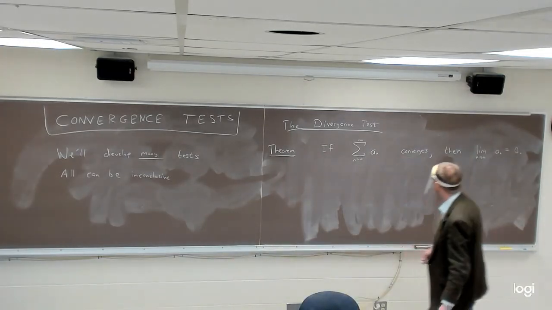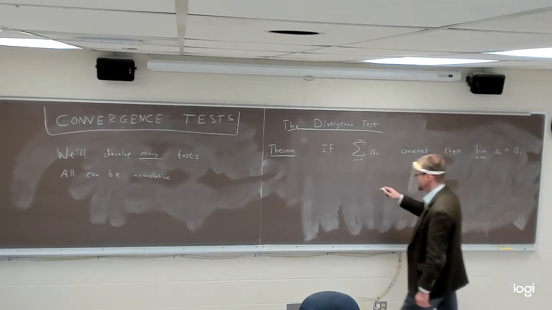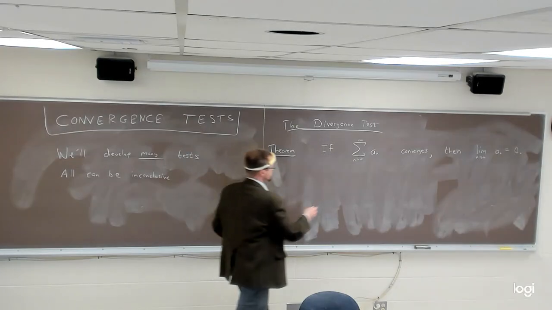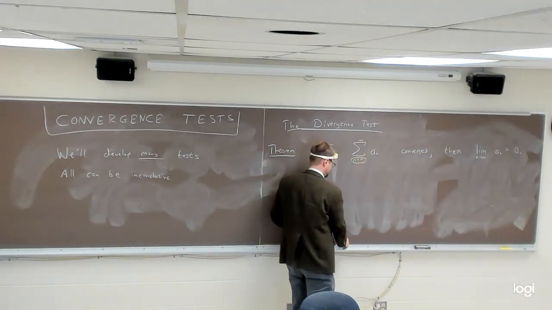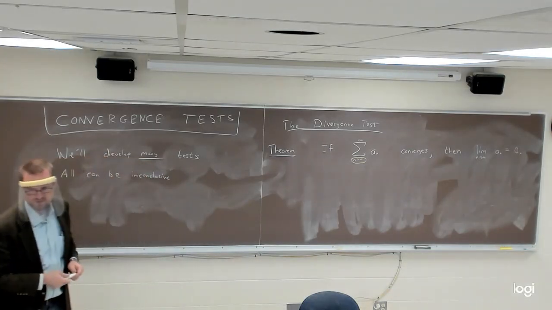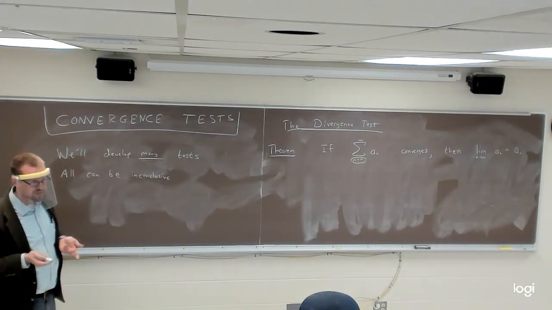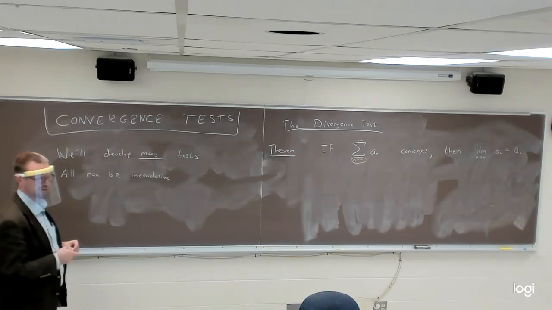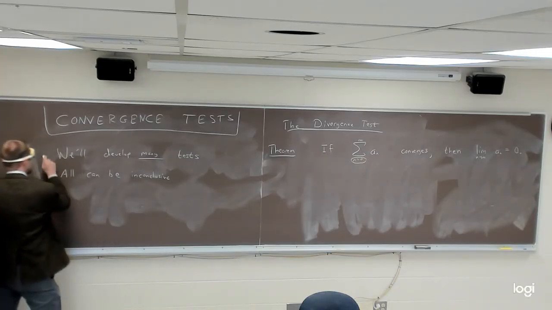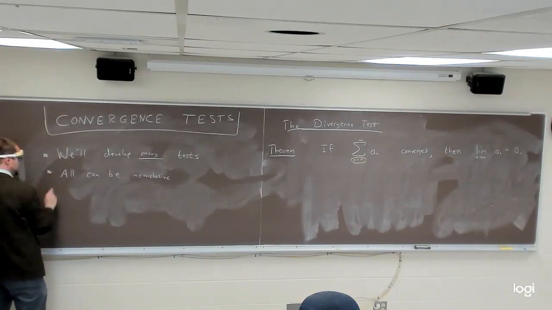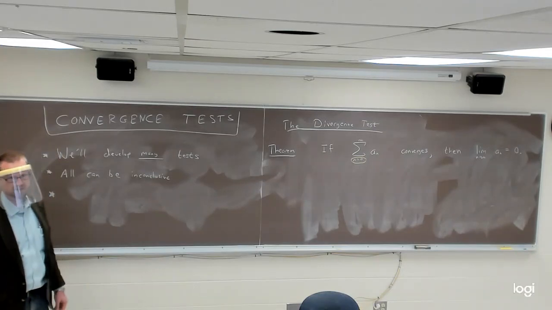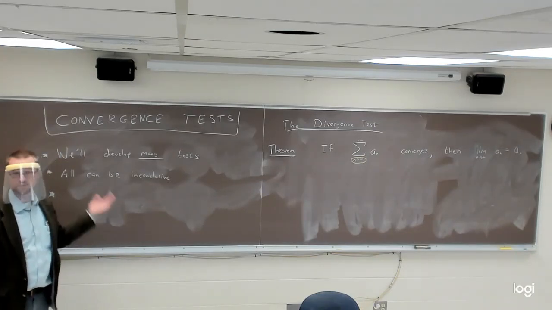All right, so one other minor point that I could make in general: it doesn't really matter where you start. I mentioned before that sometimes we start at 0, sometimes we start at 1. Actually, on the web work, you probably saw some sums that start at n equals 3 or n equals 7 or whatever. In terms of convergence, whether or not a series converges is unaffected if you ignore several terms.